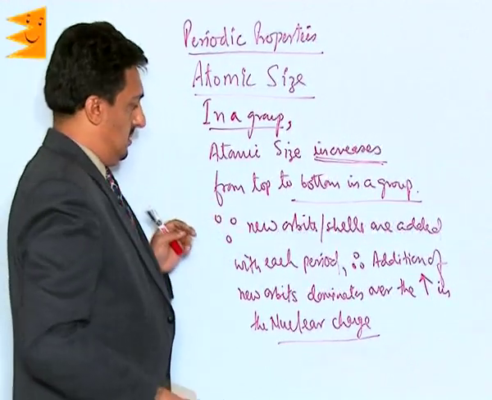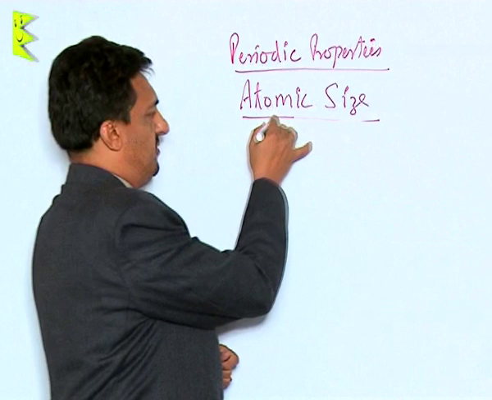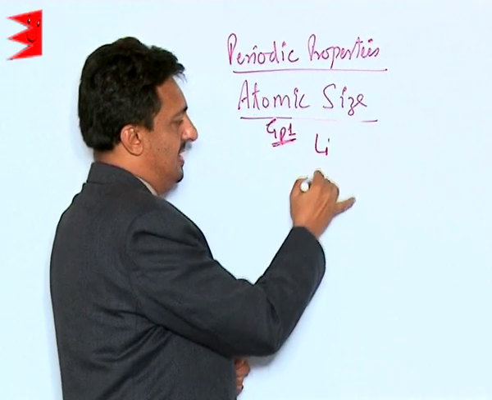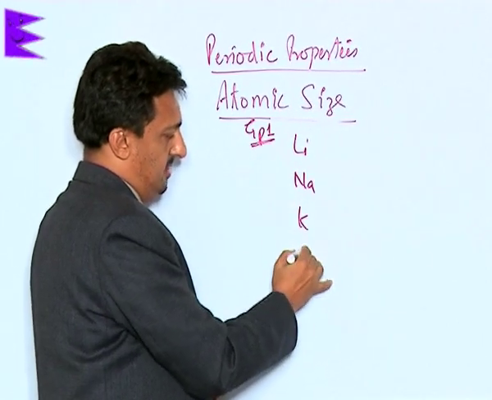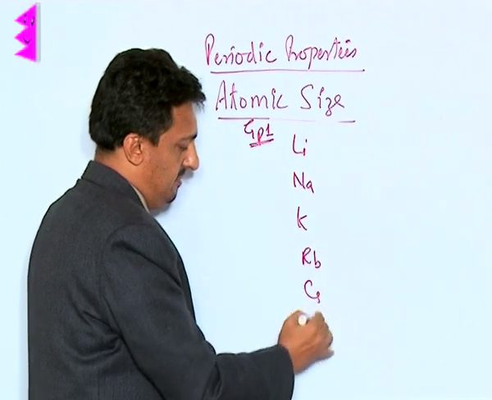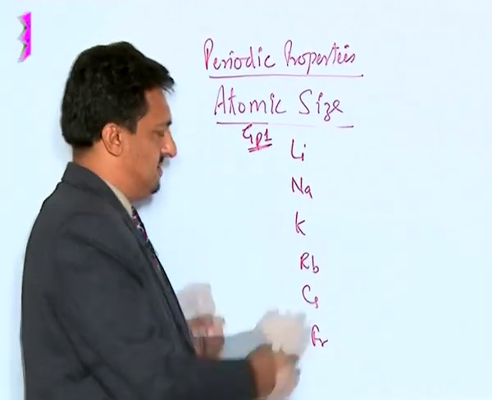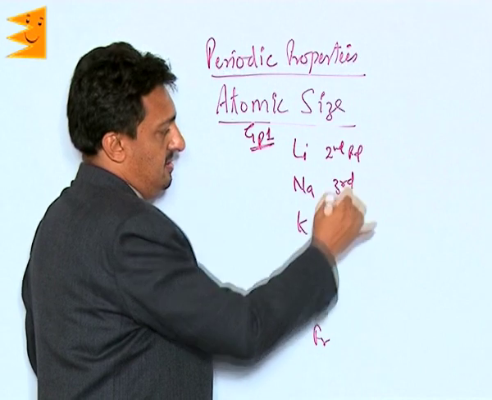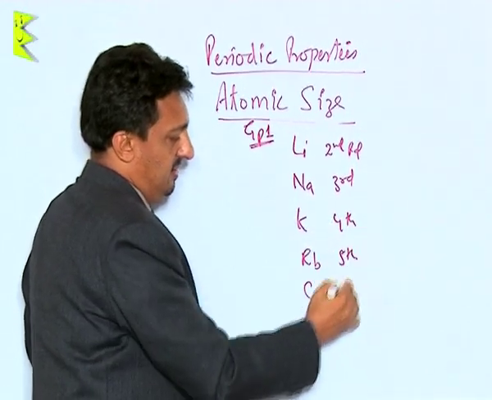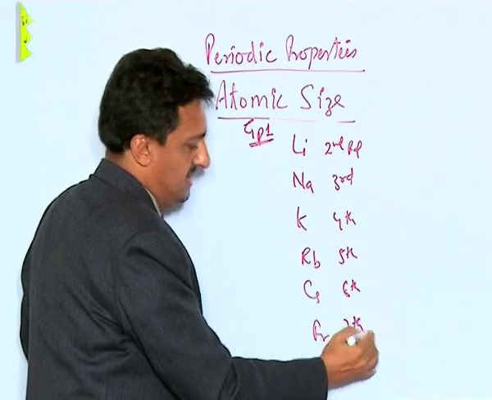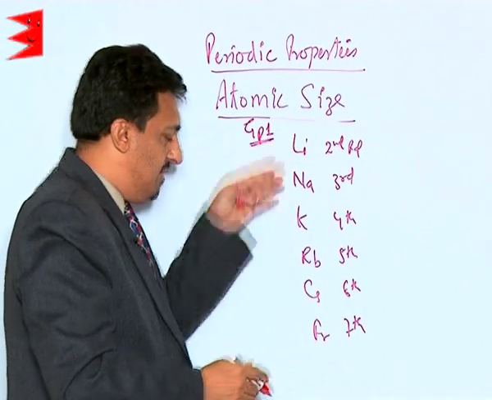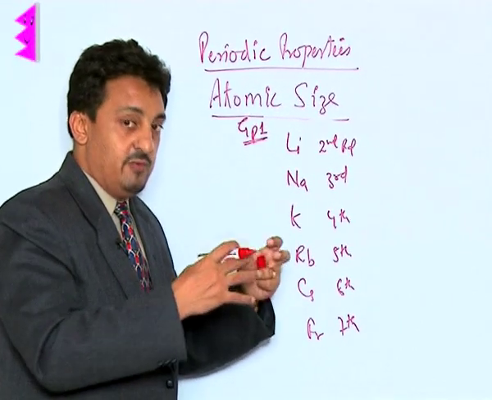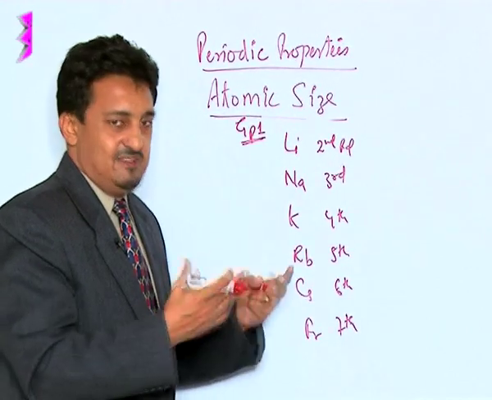Let us take this with an example of group 1 elements, alkalis: lithium, sodium, potassium, rubidium, cesium and francium. Lithium belongs to the second period, this is from the third period, fourth period, fifth period, sixth period and seventh period. As we move down the group, new shells or orbits are added, so the valence electrons move away from the nucleus and the size increases as expected.